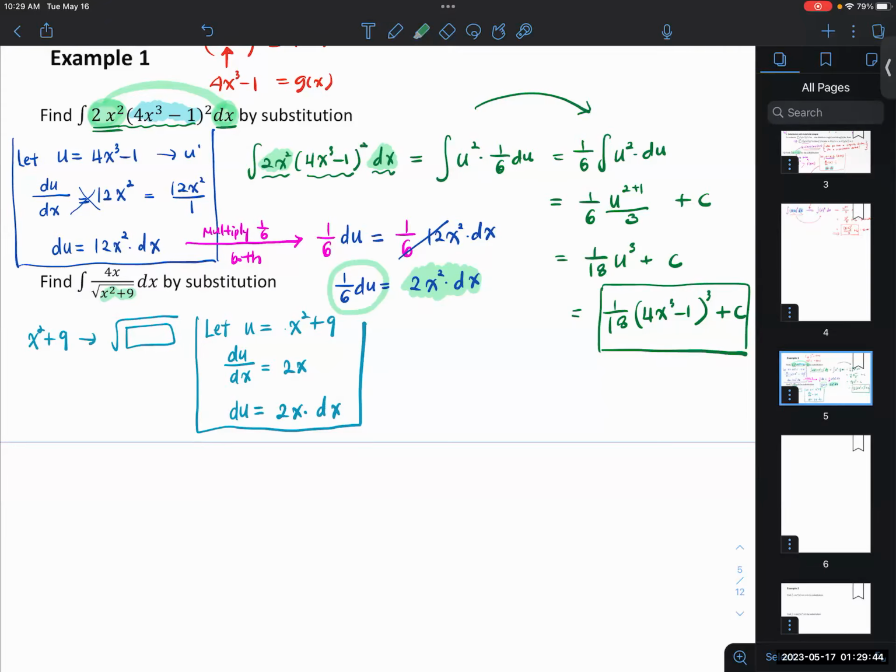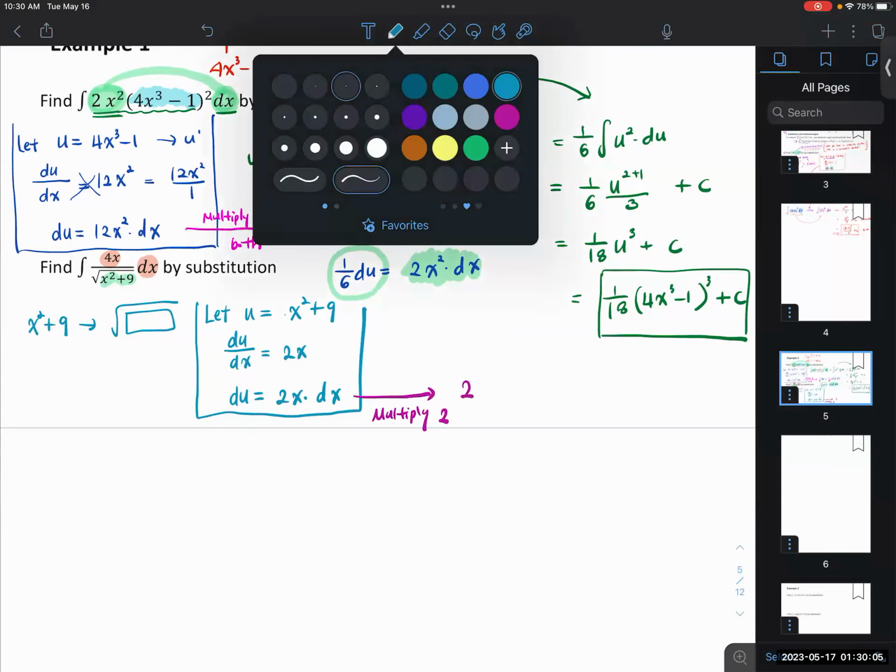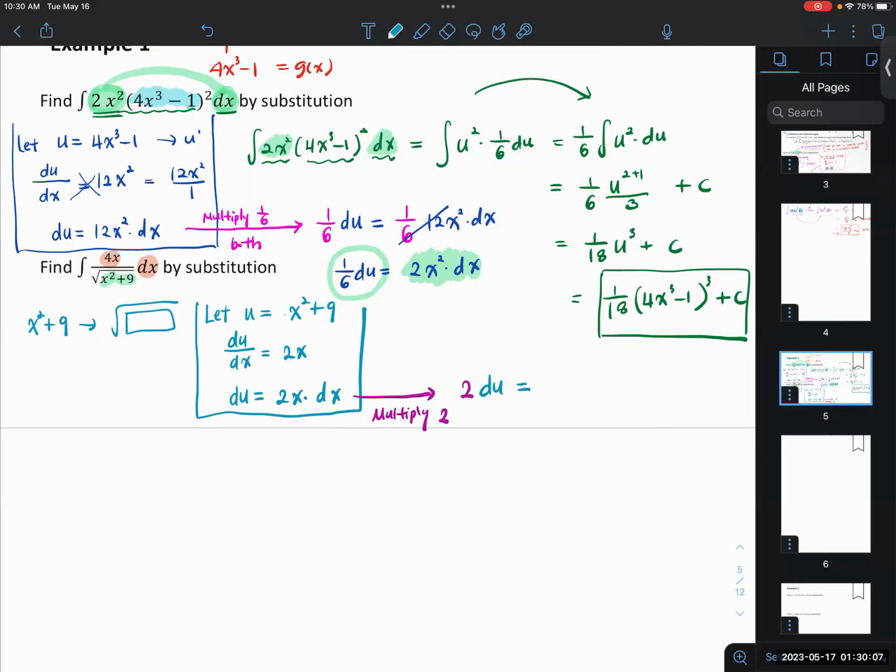And now I need to find 4x times dx. We need to convert 4x times dx in terms of the u variable. So what do you guys think? Here you multiply both sides by 2. What happened? It's going to be 2 times du equal to 2 times 2x dx.